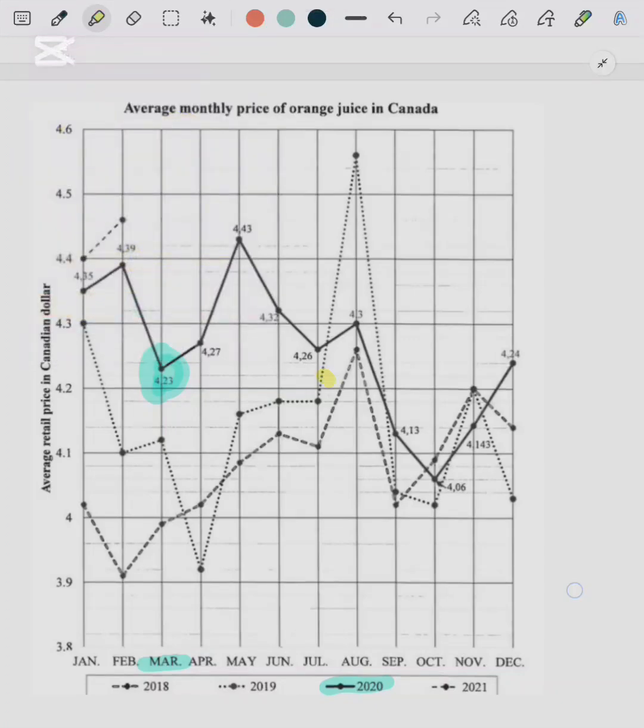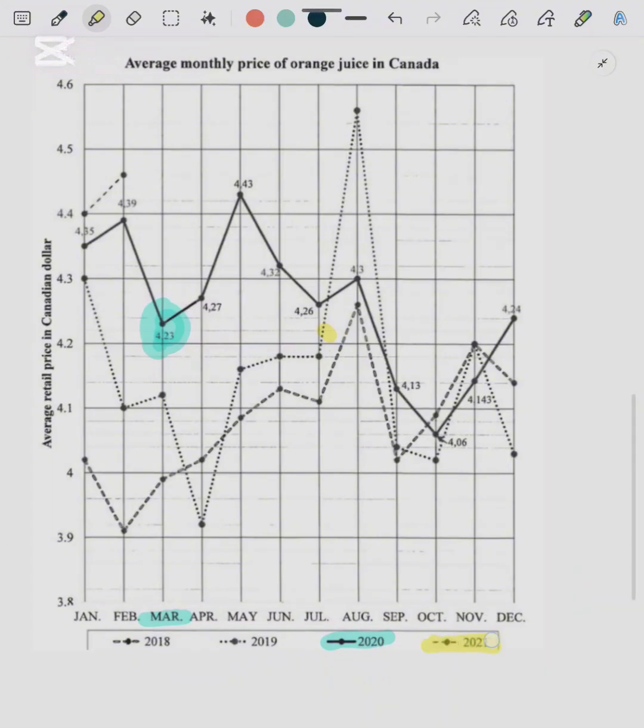February 2021 is going to be in this, again, dotted line. And we can look up here and see where is February 2021. Now, you are going to have to estimate a little bit here because we don't have the exact value.